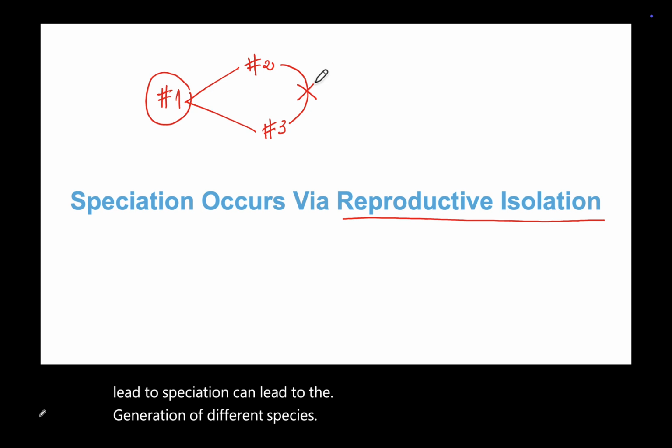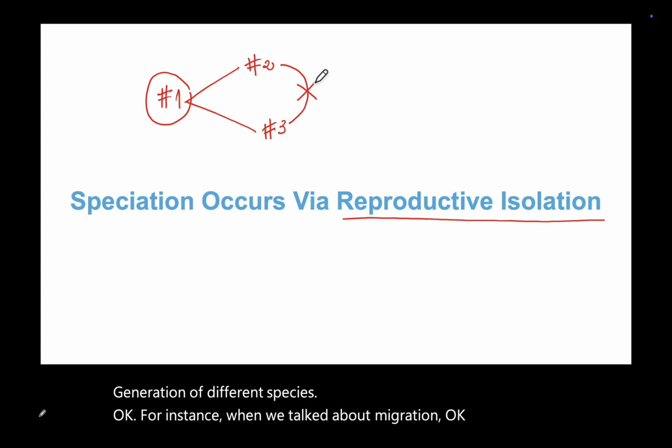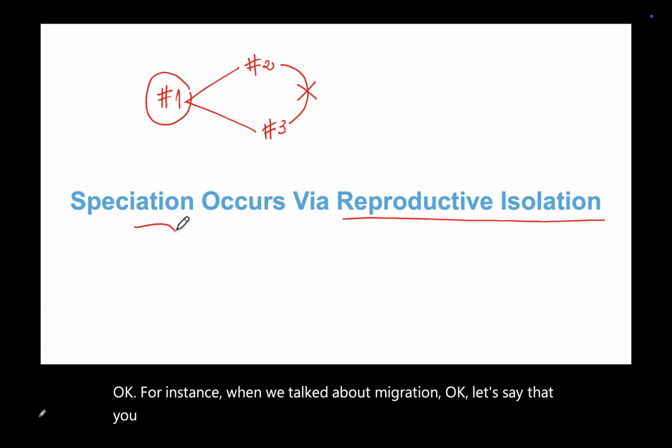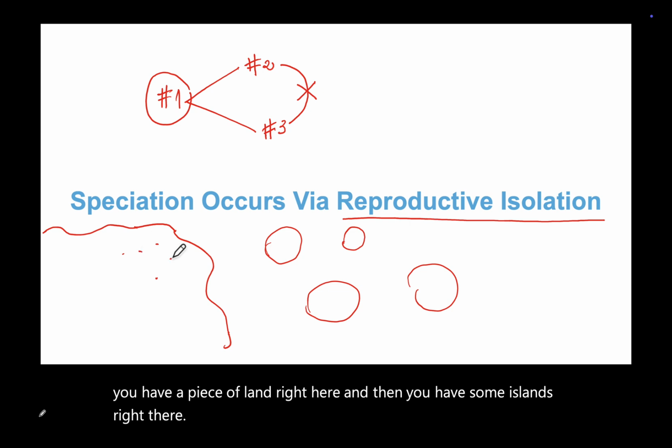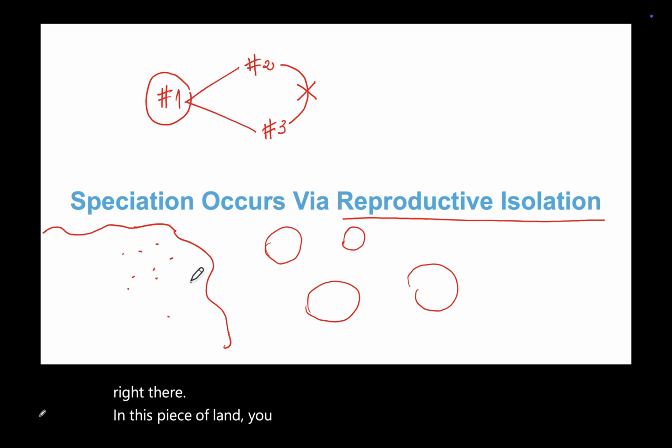Okay? For instance, when we talked about migration, let's say that you have a piece of land right here, and then you have some islands right there. In this piece of land, you have your founder population.